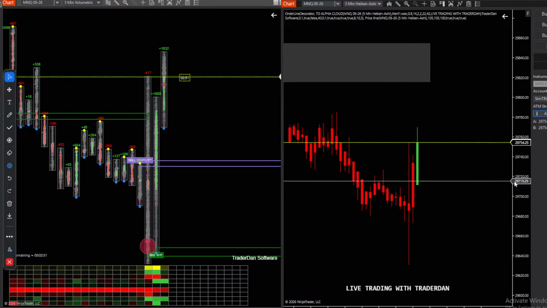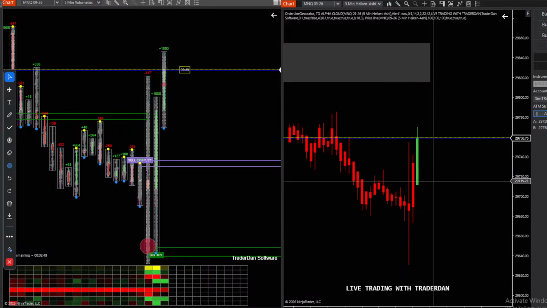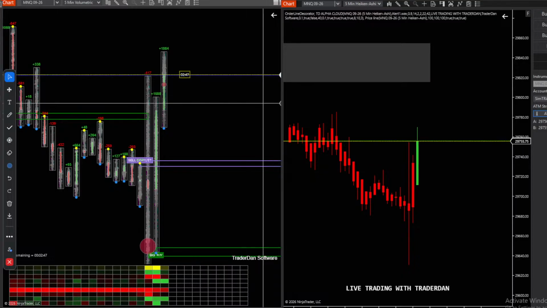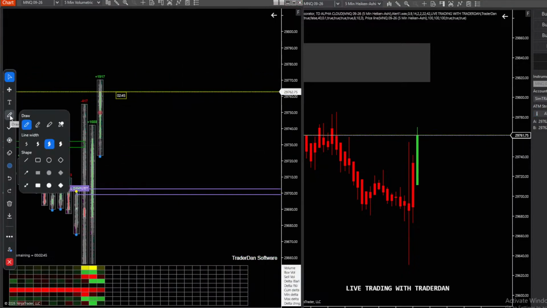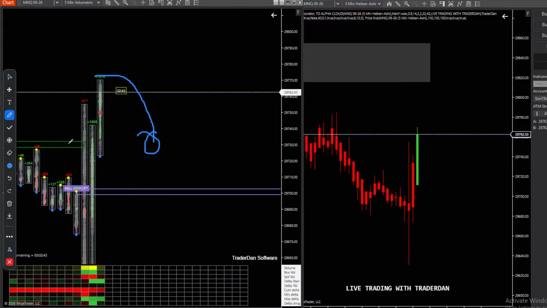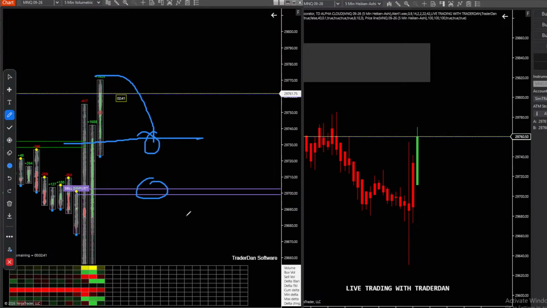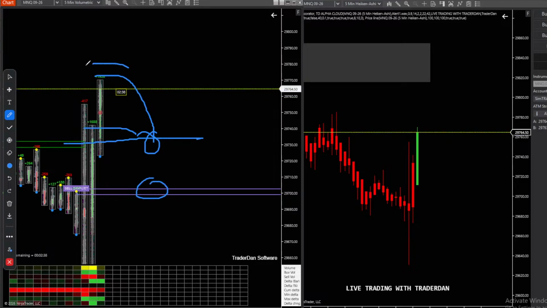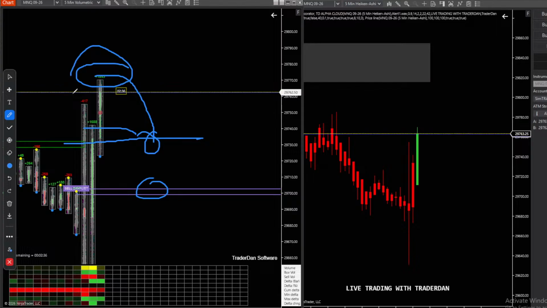I still like the longs, guys. If we get it, we'll get a reprint, right? We'll get a turnaround back into this imbalance, maybe even into this one. But 1,600 contracts, 1,900 contracts, that's a lot of contracts coming back in on the buy side.